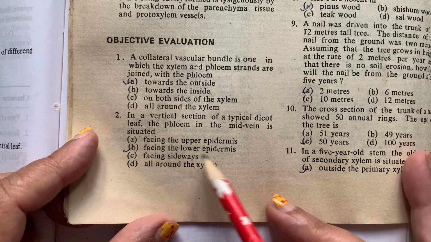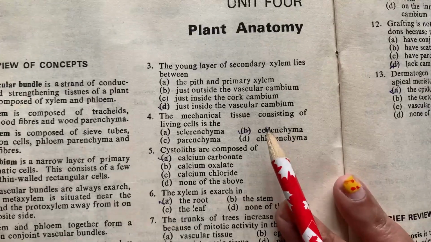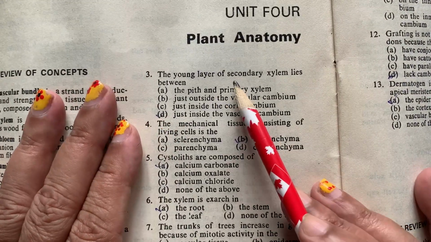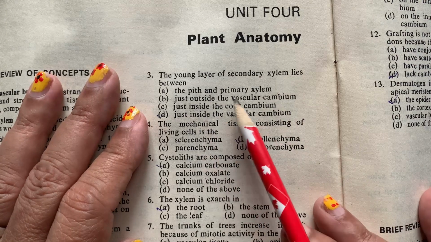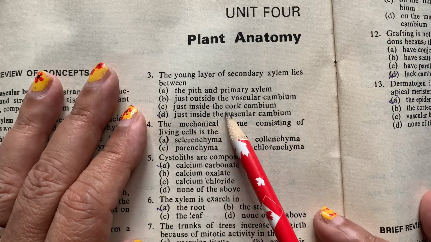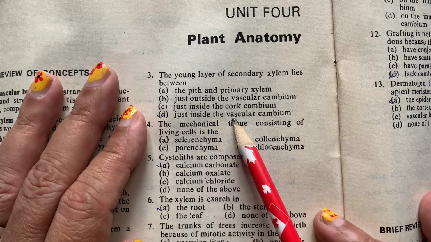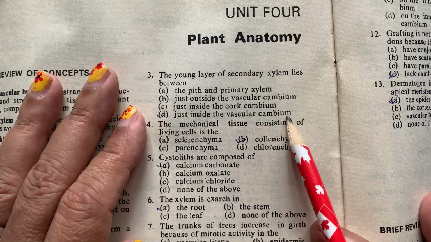Correct option, facing the lower epidermis. The young layers of secondary xylem lie between the pith and primary xylem, just outside the vascular cambium, just inside the cork cambium, just inside the vascular cambium. Correct option, just inside the vascular cambium.